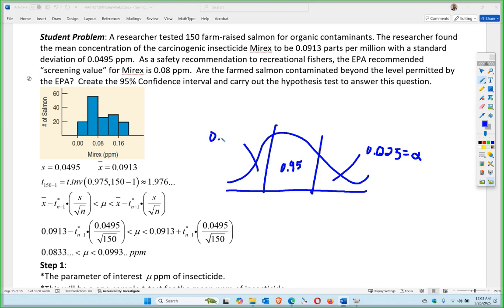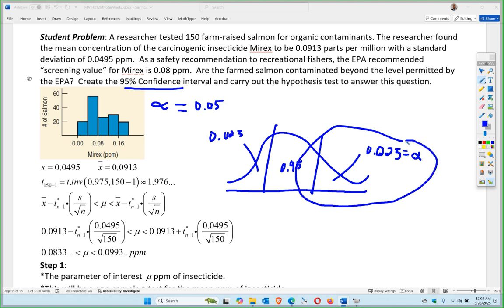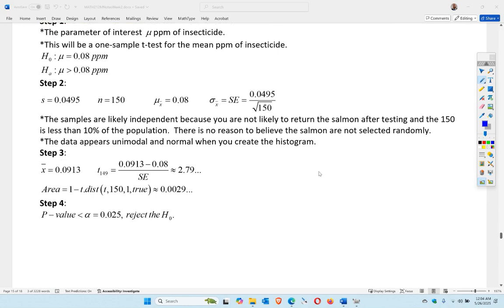The confidence interval alpha is 0.05, right? Because there's a 5% chance the value will not be in our confidence interval. But our hypothesis test was a one tail. So it's only this alpha here, right? The confidence interval is two tails, but the hypothesis test is only one of the tails.